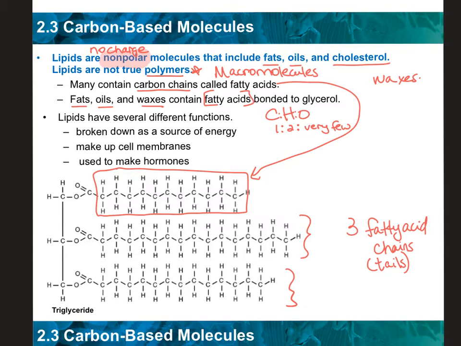So when I look at my carbons, for every one carbon, I have 2 hydrogens bonded here. So I can kind of eyeball that and see that for every one carbon, I have 2 hydrogens. But there's 0 oxygens here. The only place I see oxygens are in this component of the molecule. And this portion of the molecule, again, is called the glycerol. So we have our glycerol and we have our fatty acid tails or chains.